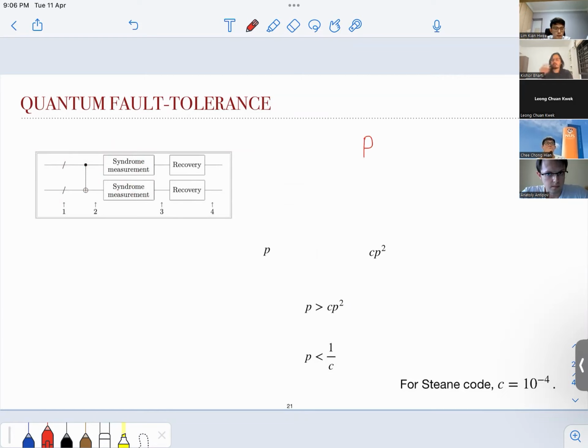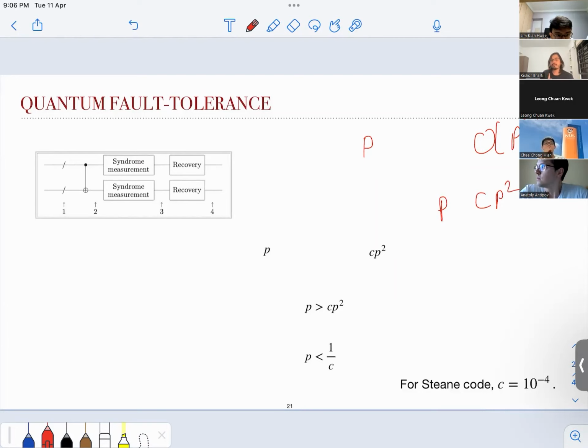And when you go to the second level, what I mean by second level is when you encode it, your error should become order P squared. But when you say order P squared, you are actually hiding some constants, and these constants are very important. So you are going from P to CP squared.